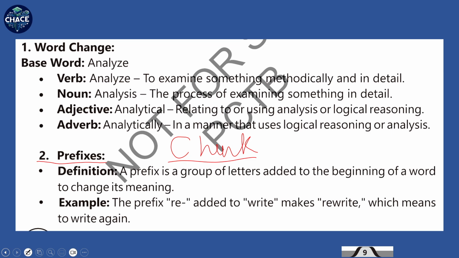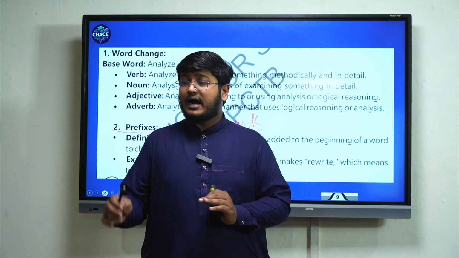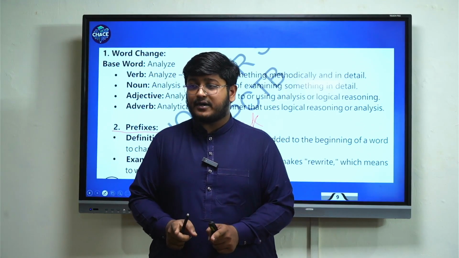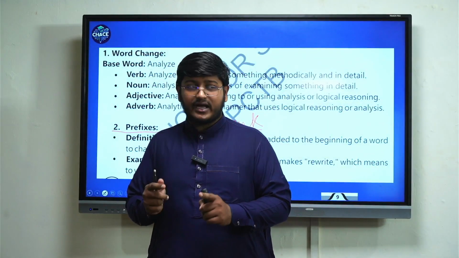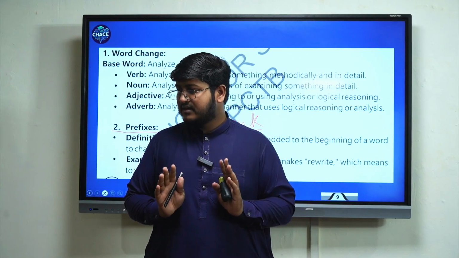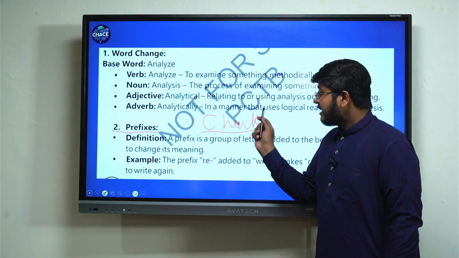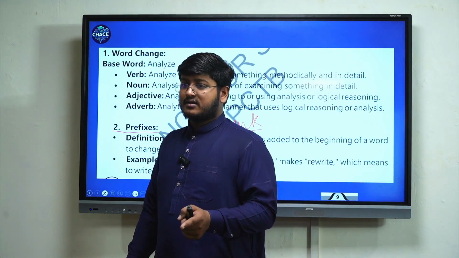Why? Because they don't have a complete, proper meaning independently. They can give meaning when they are used with a particular word. Is that clear? So that's why I have said a chunk of language which adds to a word.